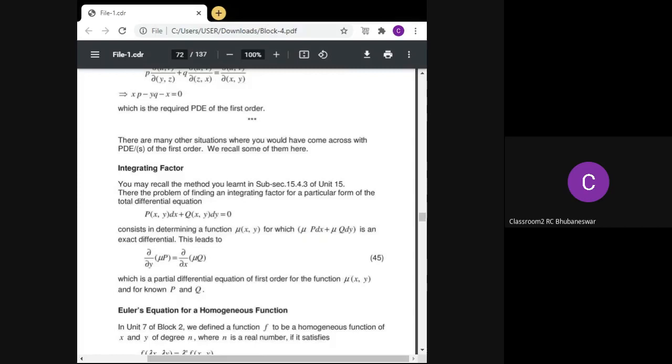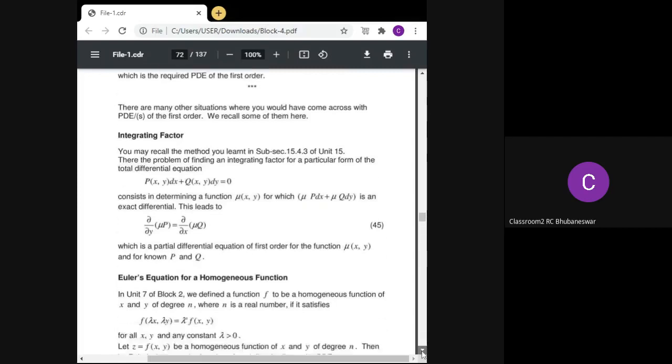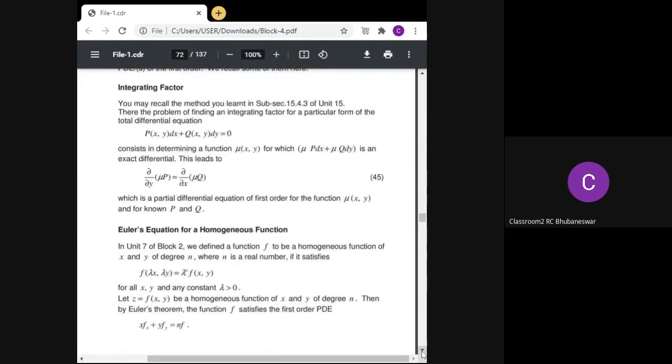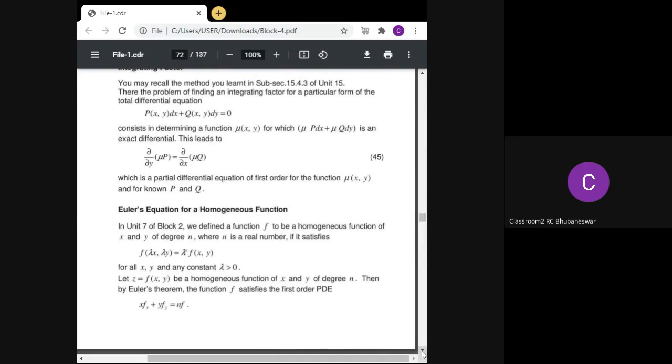So the integrating factor is also useful in partial differential equation to find the solution of linear first order partial differential equation.